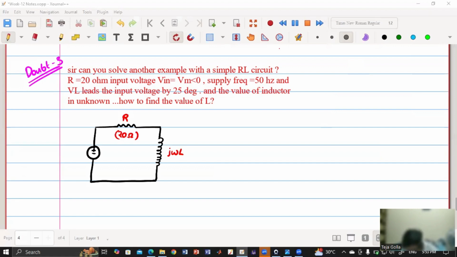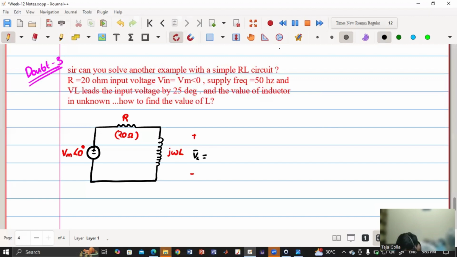Now the source voltage is Vm angle 0 degrees. They are saying VL leads the input voltage by 25 degrees, so the phasor voltage is VL bar, which will be VL angle 25 degrees, because it should lead the supply voltage. So we got the phase of the inductor voltage phasor.